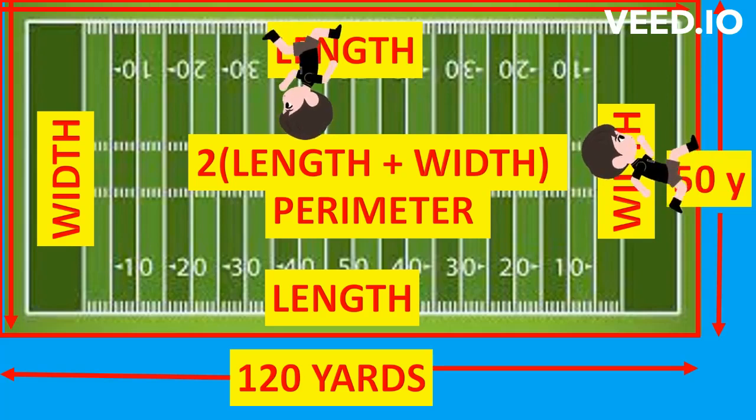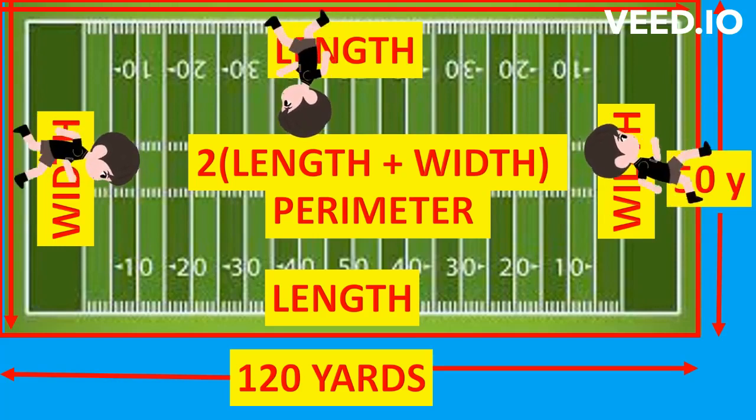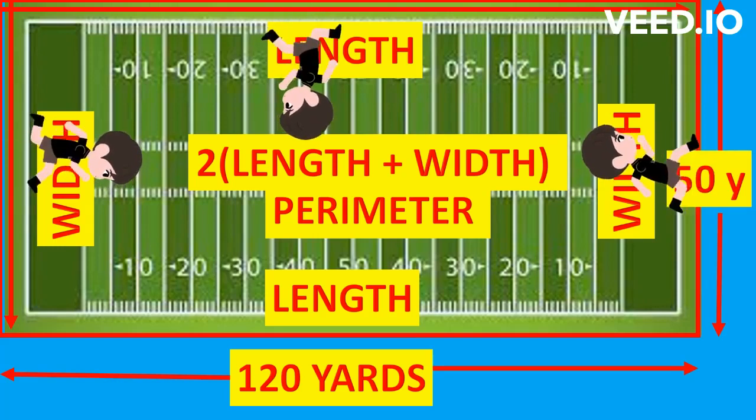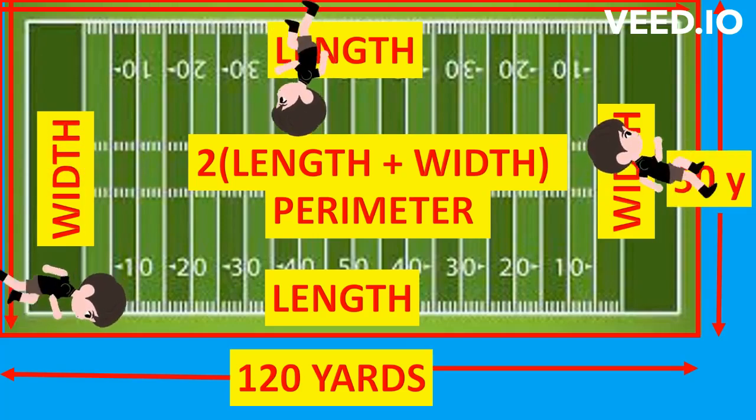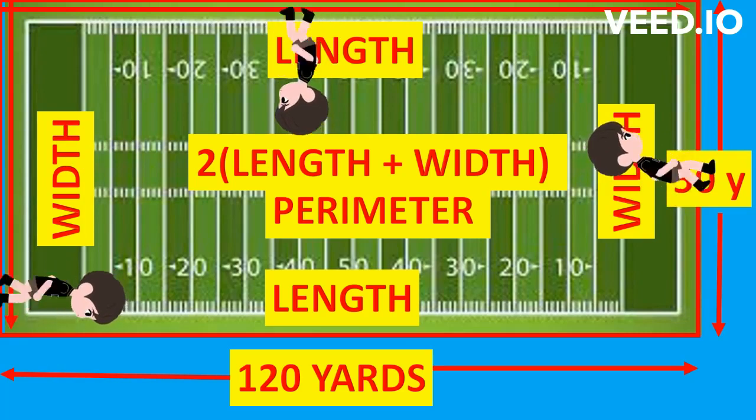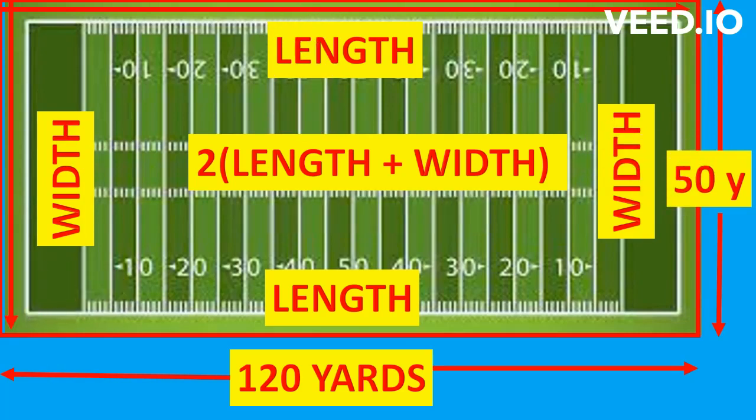Then need to run all through the length. And again this width and come back to the point. So the total distance you covered would be 2 times (length plus width). That is nothing but the perimeter.